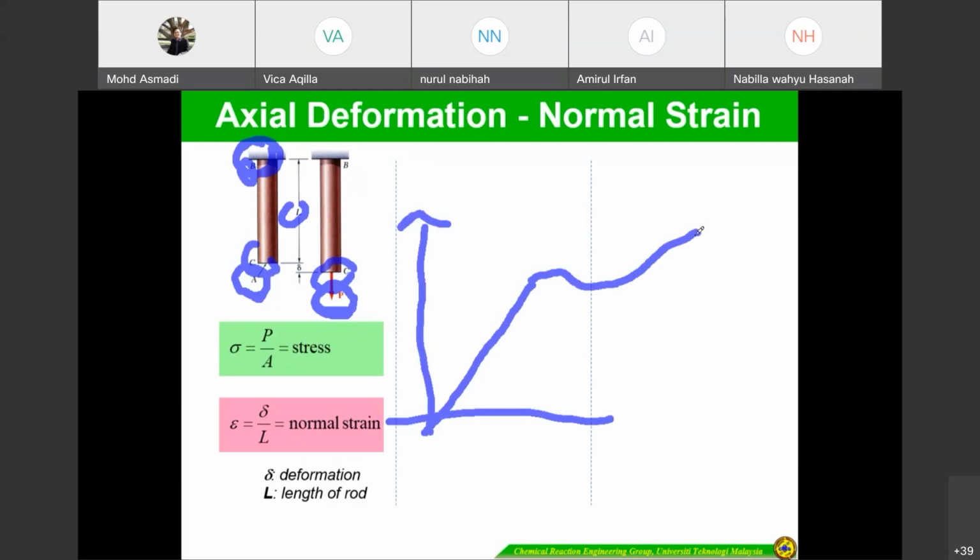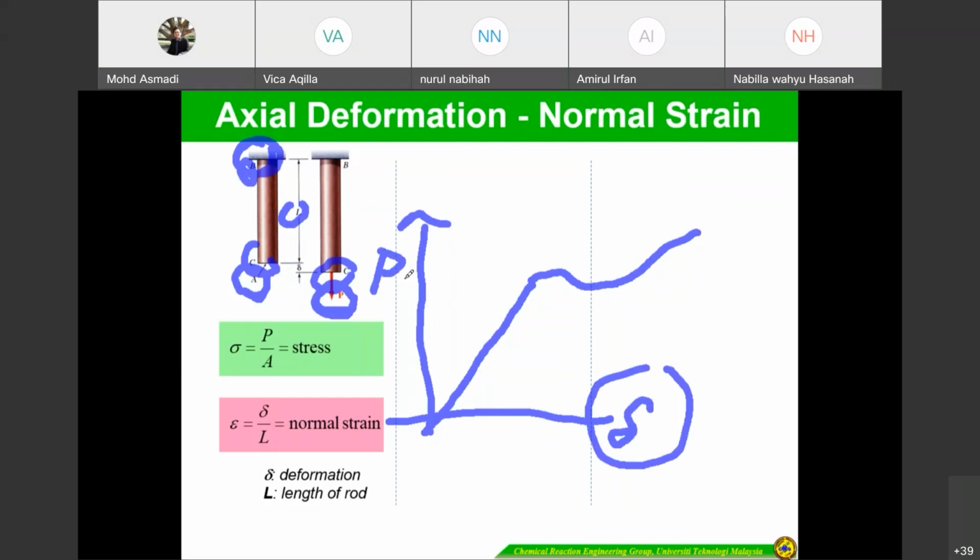The graph is different between brittle and ductile materials. Here delta is the elongation, and this is the force. Delta, which we call the deformation, is plotted against the force.